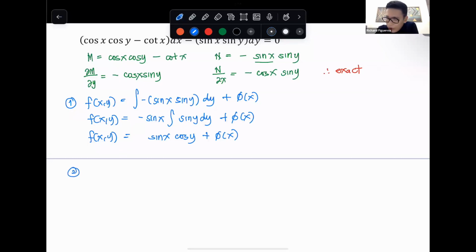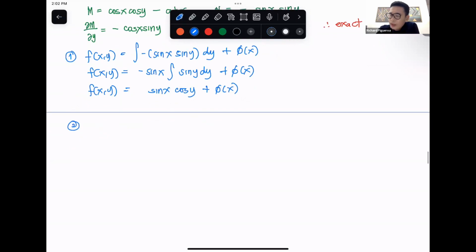Now that we have that, we proceed with our second step. We partially derive x and y with respect to x. So derivative ng sine x, it's cosine x times cosine y, then plus p prime of x.